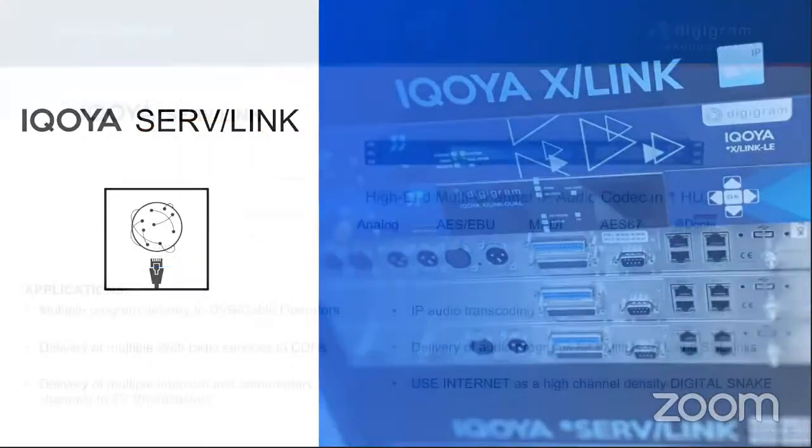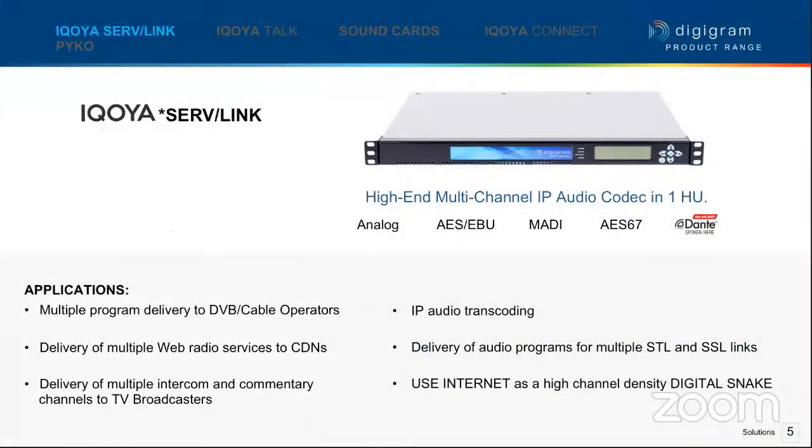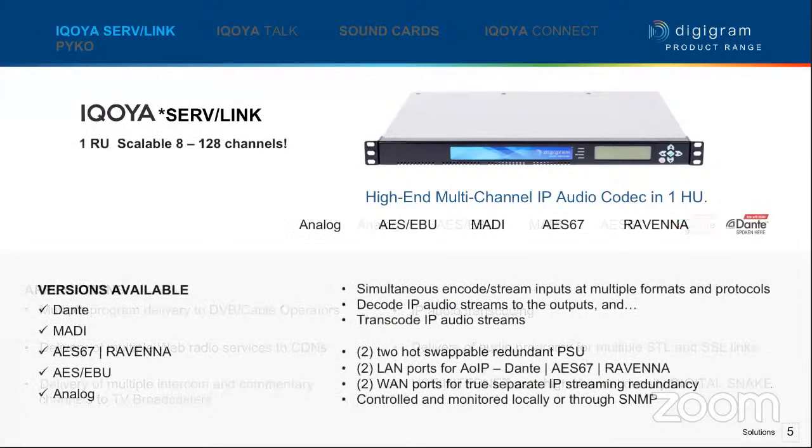Now, the ServLink I mentioned several times is scalable, meaning that you can go from 8 to 128 channels, and depending on the number of IOs and the type of IOs that you want, that is going to determine your IO upgrade. And of course, it comes in several different versions.